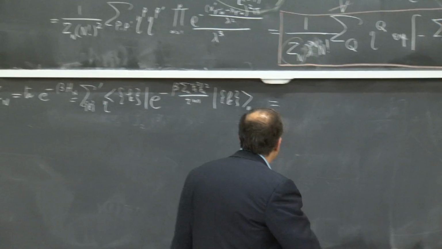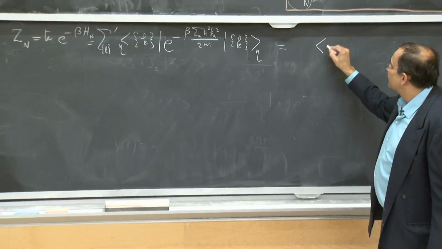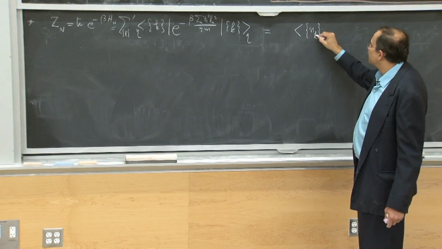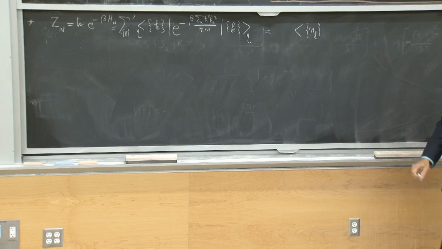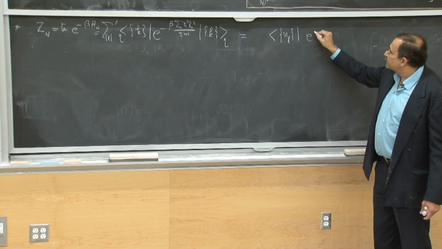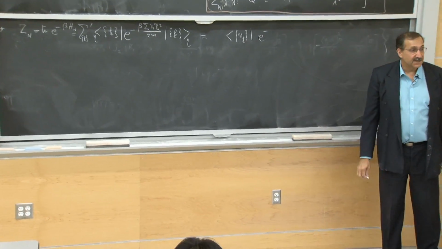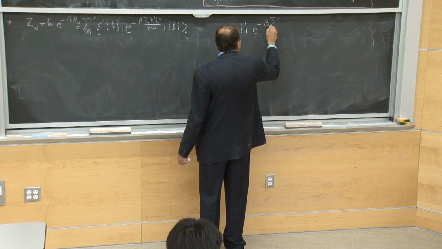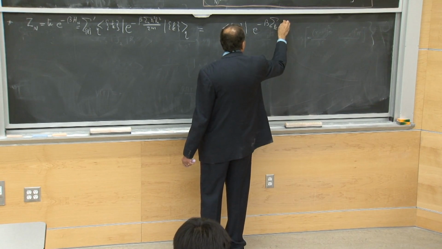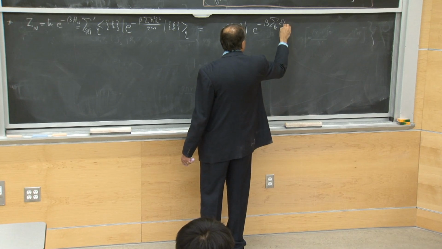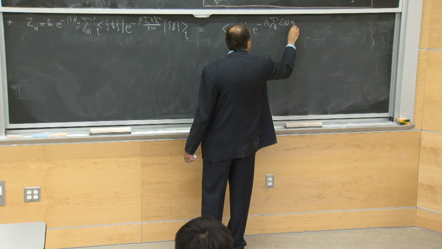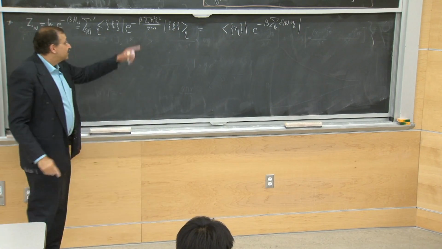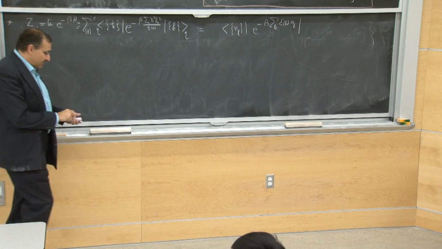So equivalently, my basis would be the set of occupation numbers times the energy. The energy is then e to the minus beta sum over k epsilon k n_k, where epsilon k is this h bar squared k squared over 2m.